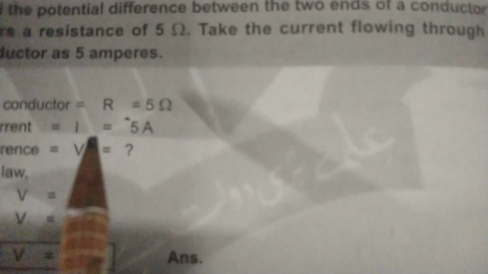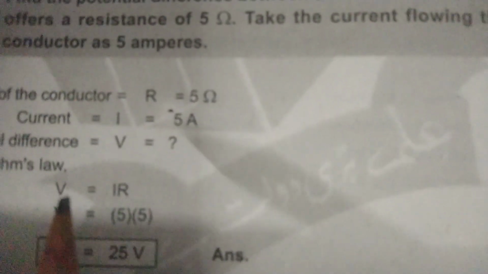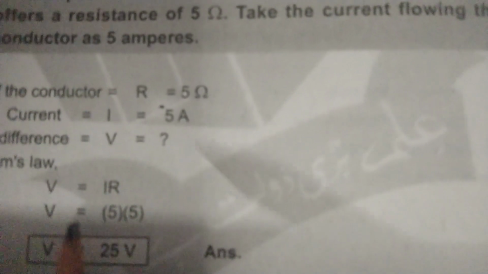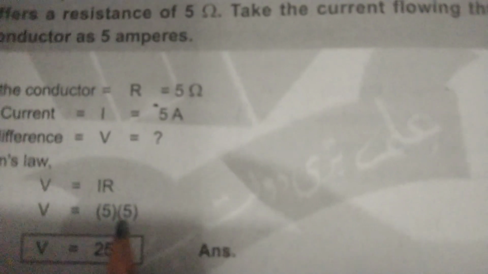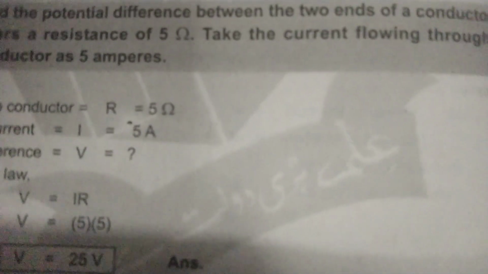Resistance is given, current is given, and we have to find the voltage, the potential difference. Substituting the values, V is equal to 5 multiplied by 5, both values are 5. 5 multiplied by 5 is 25 volts. This is one of the easiest problems, and now you are very familiar with the formula, because this formula is an important one.